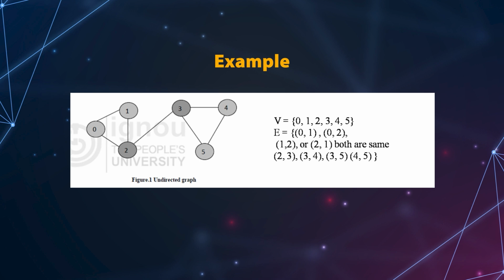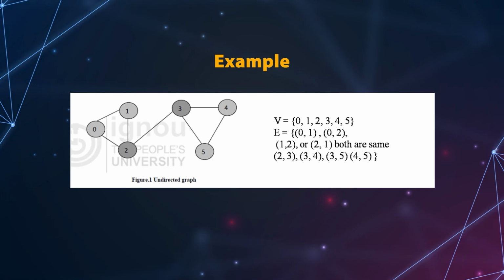The edges will be 0 to 1, 0 to 2, 1 to 2 (and 2 to 1 is similar), 2 to 3, 3 to 4, 3 to 5, and 4 to 5. 4 to 5 and 5 to 4 are the same edge. Keep that in mind.